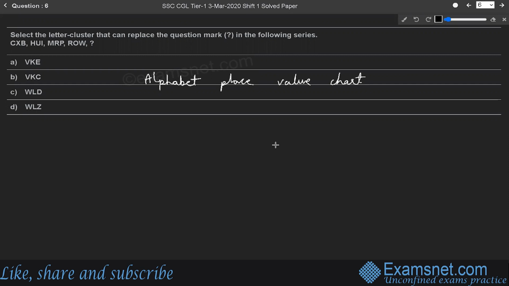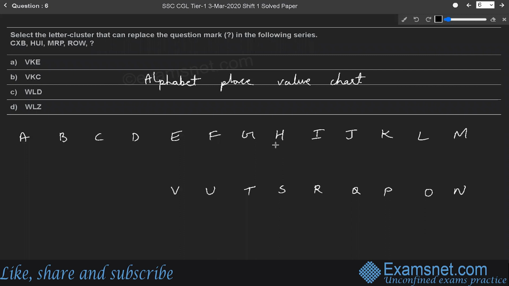So let us make this chart, writing all the alphabets first. A, B, C, D, E, F, G, H, I, J, K, L, M, N, O, P, Q, R, S, T, U, V, W, X, Y, and Z. Now we have to write the positional value of every alphabet. Positional value means the alphabetical order.